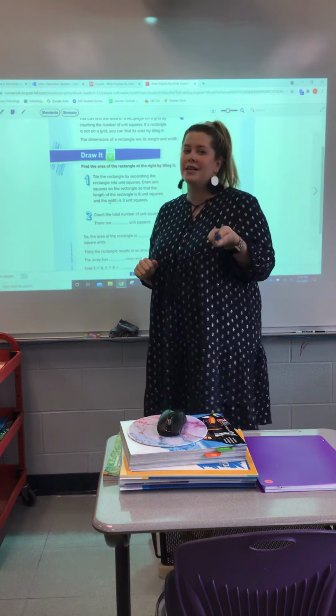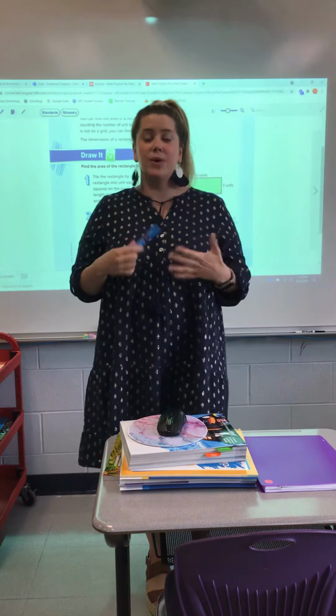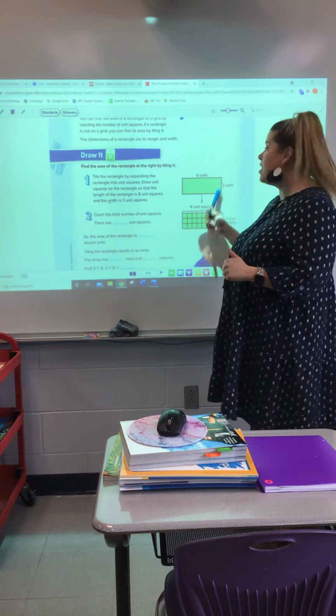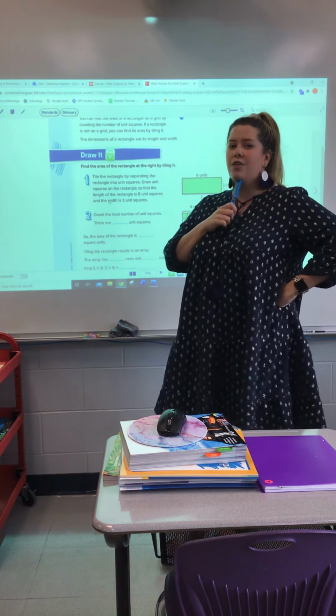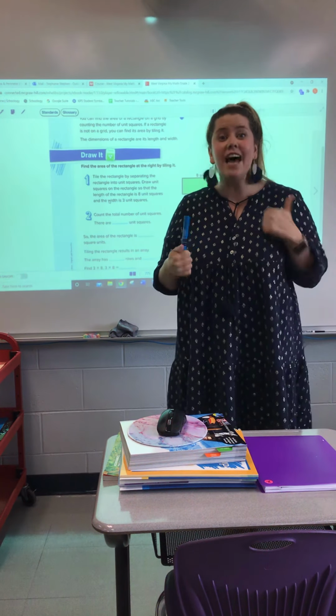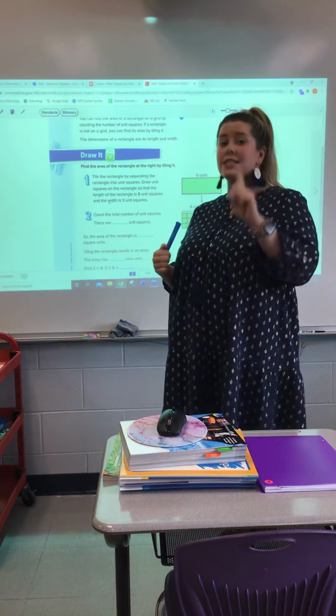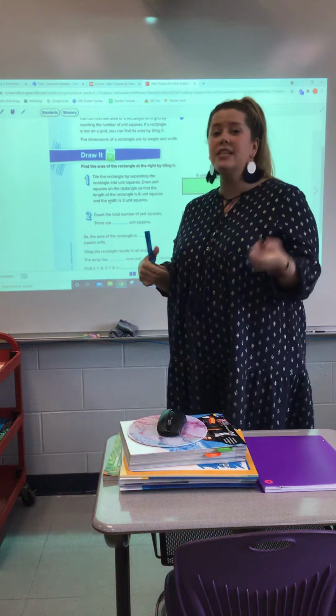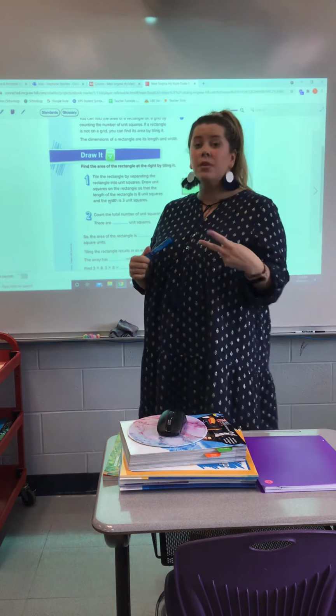So we've been practicing this. We talked a lot about this with arrays. If I want to have 8 columns, how many lines will I draw? Right, 7. We always draw one less line than the number of spaces we want to have. We did it with our arrays. We talked about it with fractions on a number line.